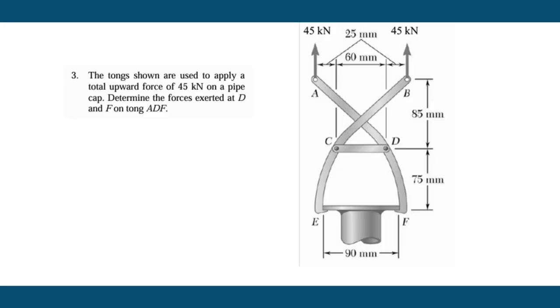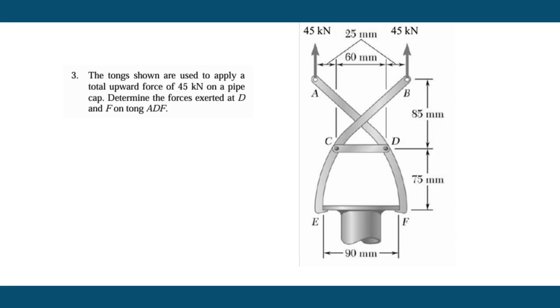So the question: the tongs shown are used to apply a total upward force of 45 kN on a pipe cap. Determine the force exerted at D and F on the tong at F. In this question, we only need to focus on ADF.